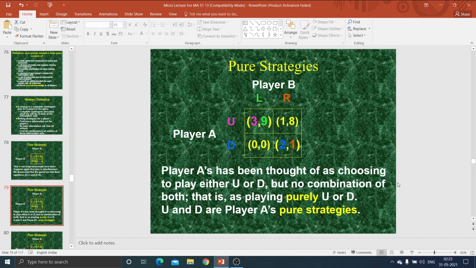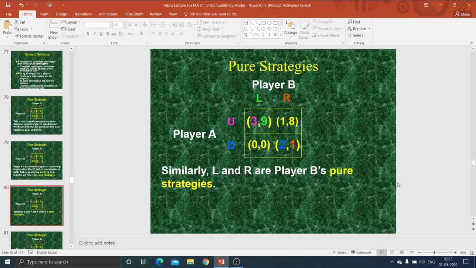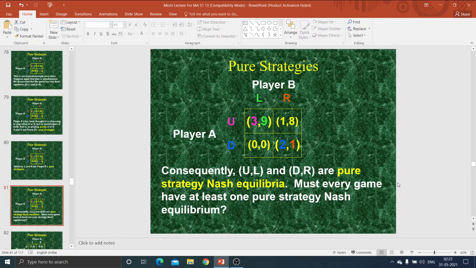Either you go for up or you go for down, or you go left or right. This is what is called a pure strategy. So U and D are player A's pure strategies, and similarly L, that is left, or R for B is also a pure strategy. So the discussion which we have advanced is actually called pure strategy.